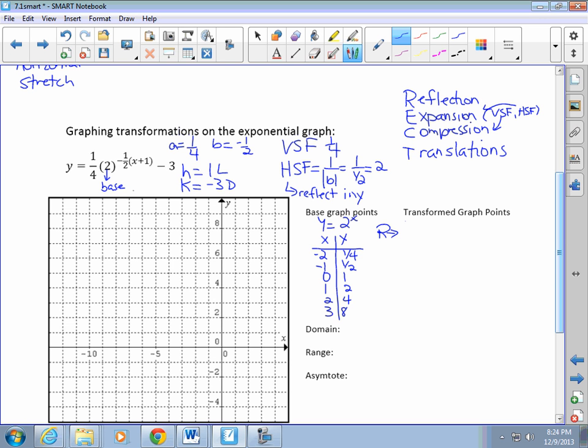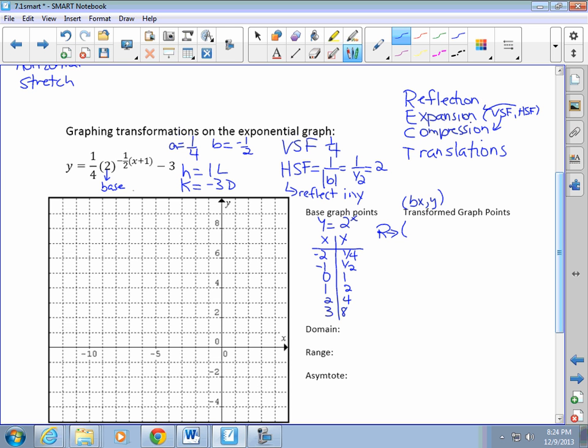So for my reflections, x was a negative 2 in here, and because it's that bx value that's changing, your y, because we have no negative A value, we just leave it like that.